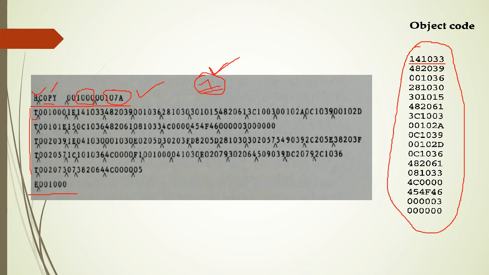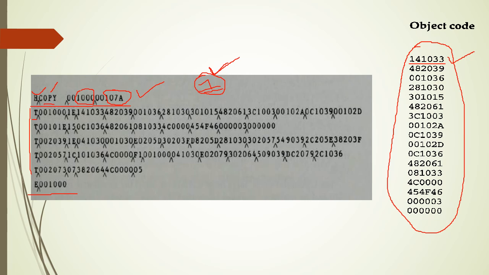The next is the text record. As I already mentioned, the text record starts with the character T, followed by the starting address for the object code in this record. The first instruction is 141033. This object code is present at the starting address of the program.